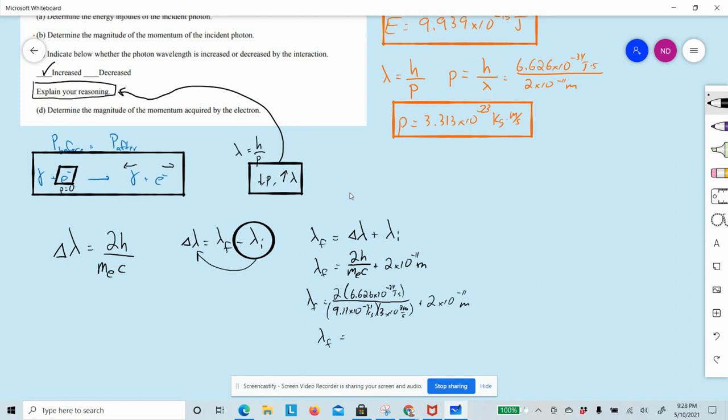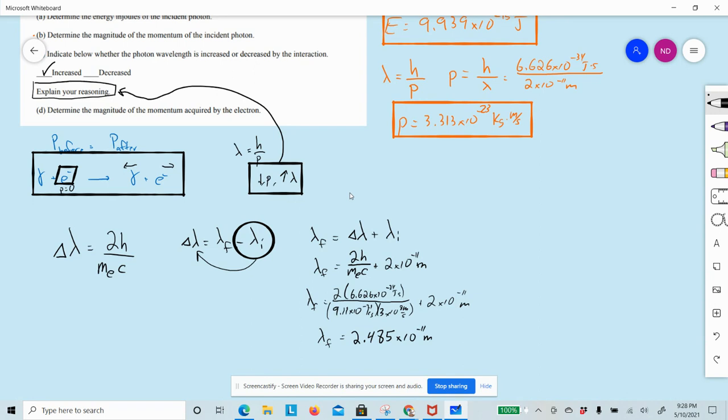So you get the new final wavelength to be 2.485 times 10 to the minus 11 meters.